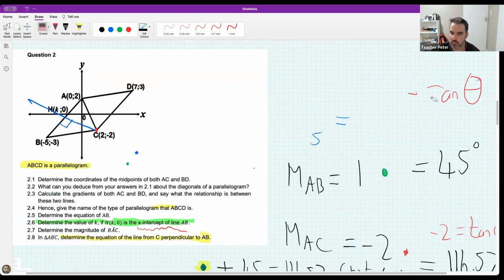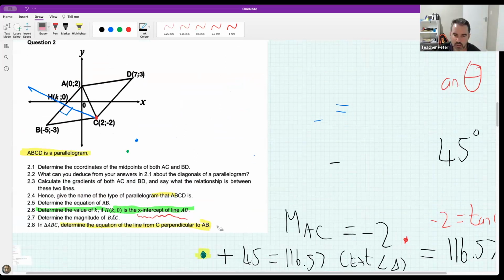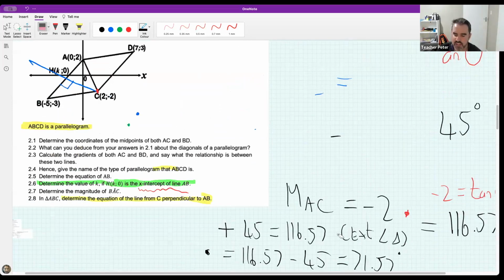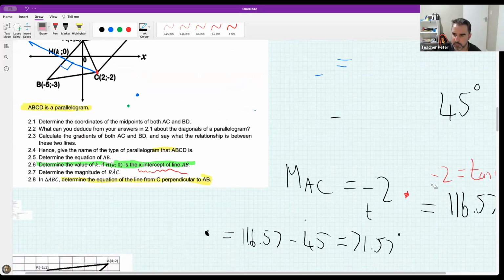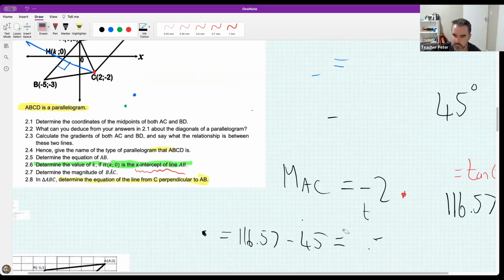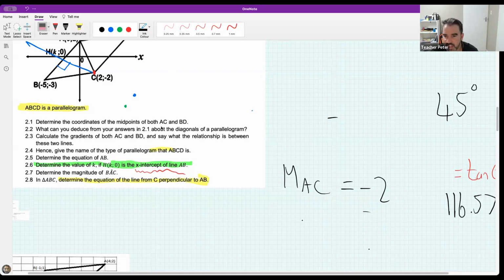So I have a point on the line, but I don't have the gradient for my blue line. Does anybody have an idea of what thinking I could use to help me? Is there anything hiding in the question that I could use?